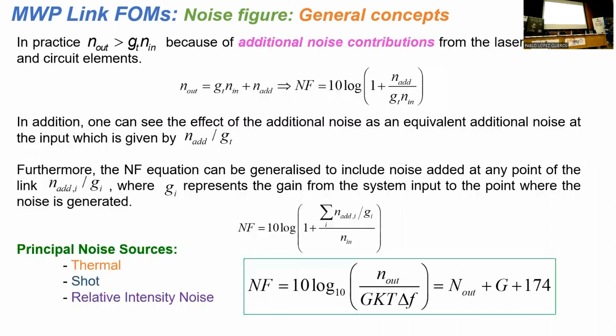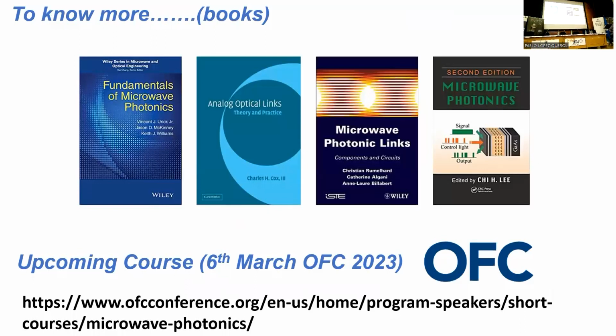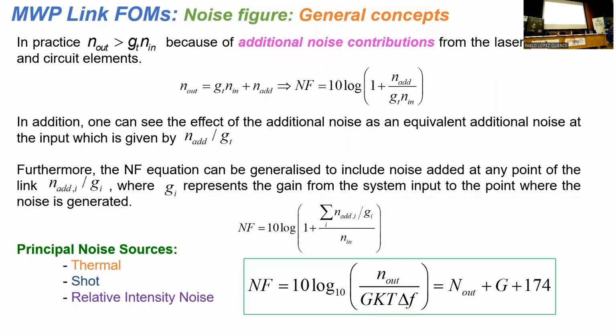So it turns out that a very basic way to characterize this noise is to just take into account the output noise level, your link gain, and a quantity that stems from the fact that you assume that your input signal is at 298 Kelvin.